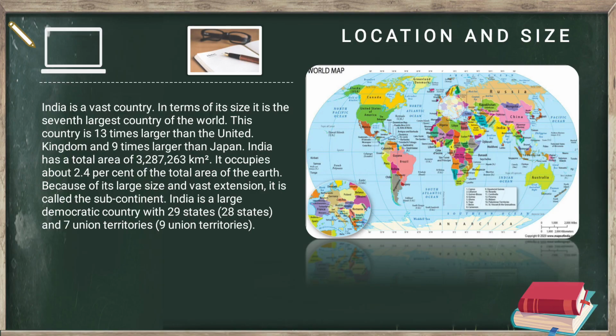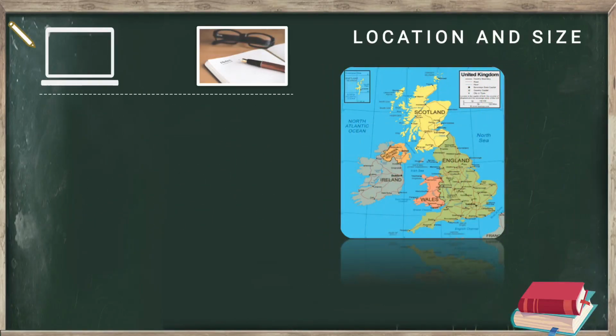So in terms of size, India is how much? 7th. This country is 13 times larger than the United Kingdom. You remember the British that came from the United Kingdom or England or Britain. They ruled India for 200 years.